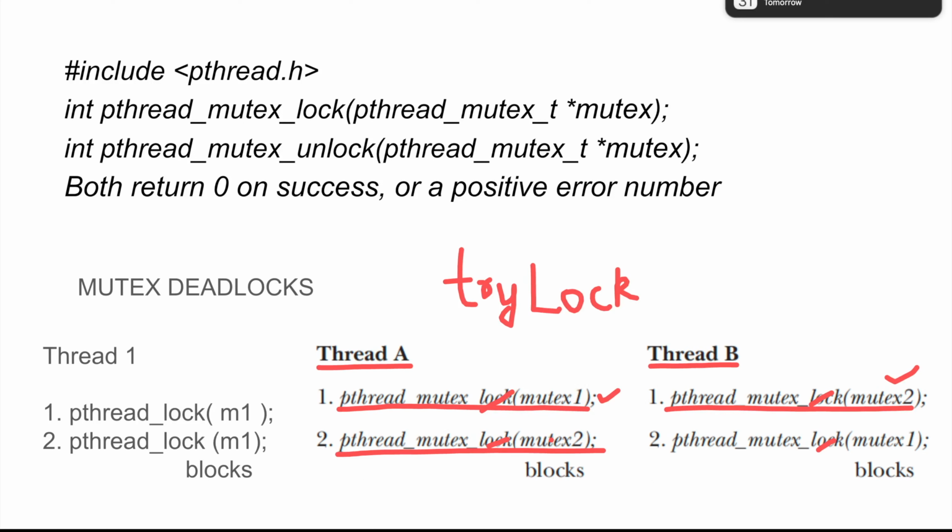Mutex try lock will fail in this scenario because mutex 2 is already acquired by thread B. Thread A is now going to release all the mutexes. Since it has acquired mutex 1, it is going to release mutex 1 and then try acquiring the mutex again after a delay of maybe say 5 seconds.